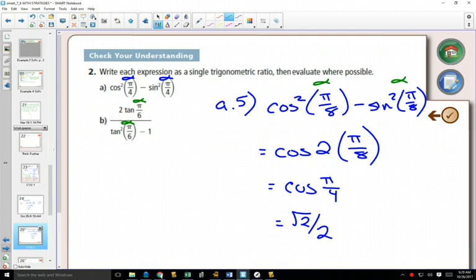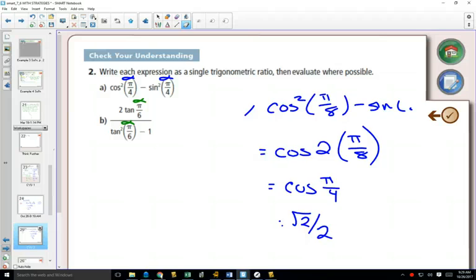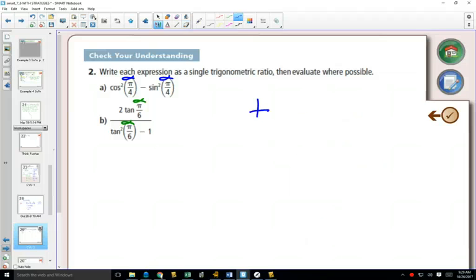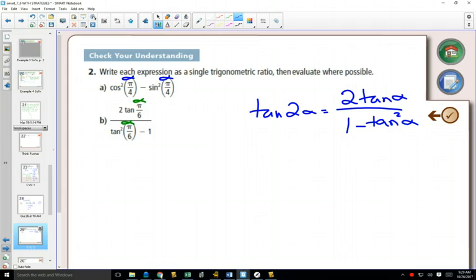Just so that we have it in our notes, here's our tan 2 alpha formula. It says 2 tan alpha over 1 minus tan squared alpha. Are we close with our formula? Yes. But the bottom is just the flip.